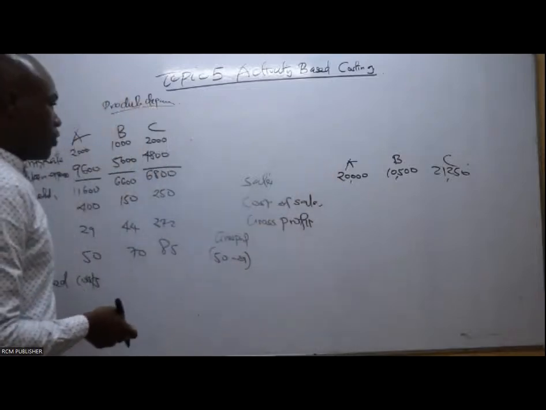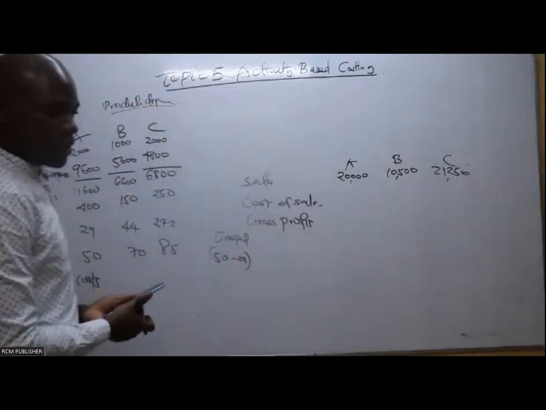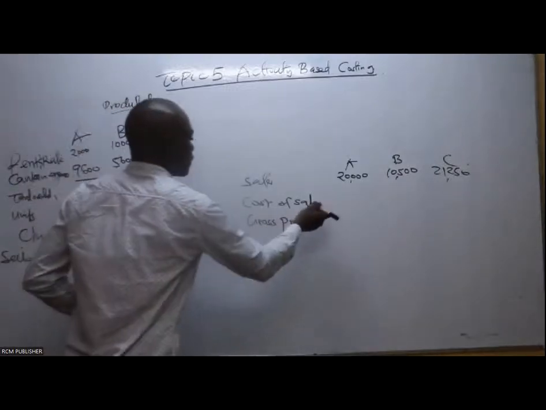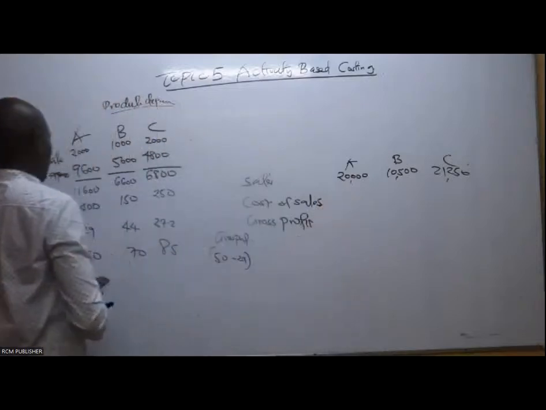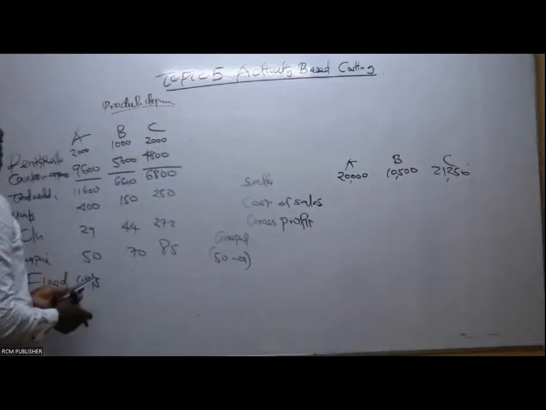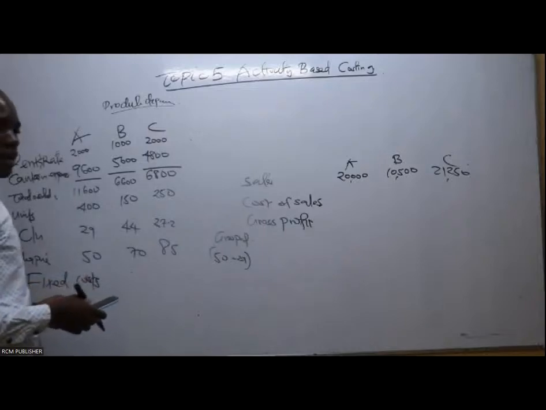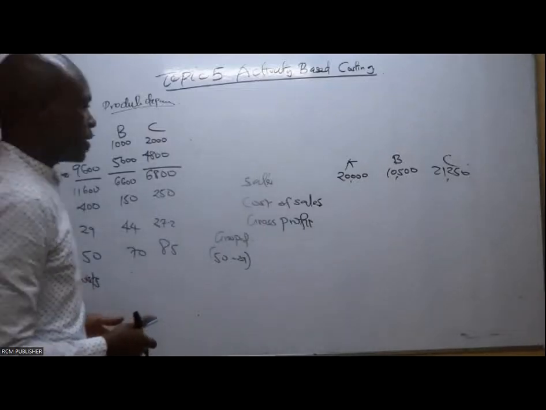But because we are introducing this, I want my good students as well to get me cost of sales. Cost of sales for A, 29 by 400. What is the answer? 11,600.